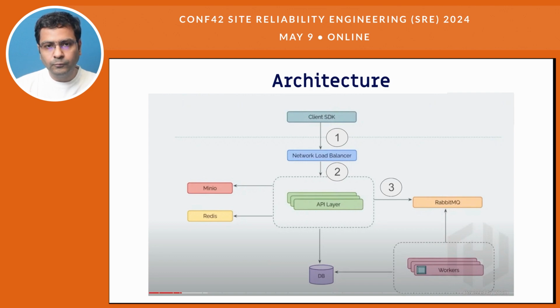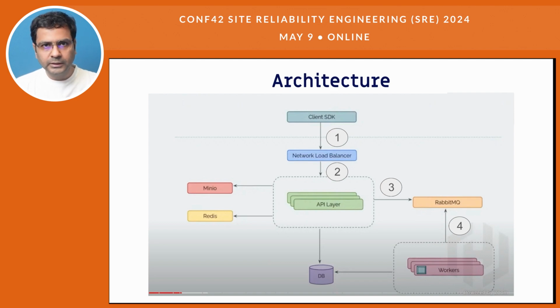Then, to be able to serve these models, we had RabbitMQ as a queue mechanism where we would push messages. For example, we want to match 2 images, face recognition or face matching across 2 images. We would create a message and push it on RabbitMQ, and there are these background ML workers which would accept messages from RabbitMQ.